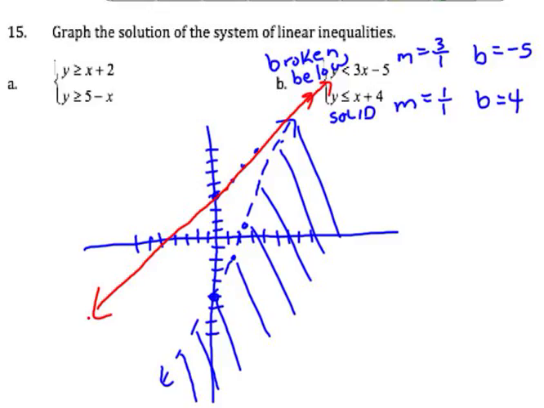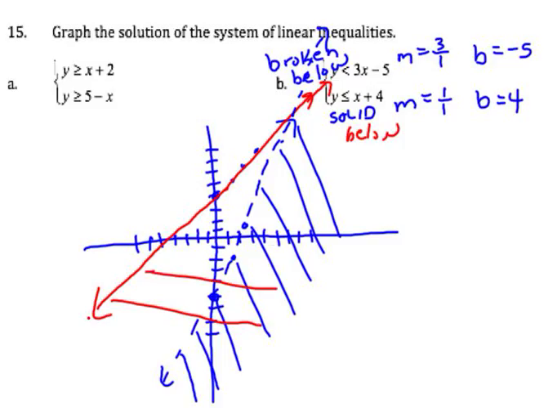Go back to the blue to make that line a little further up because they're crossing each other awfully high up. So back to my red. And this one again shades below because it was a less than or equal to. And so here is where I'm shading on this line.